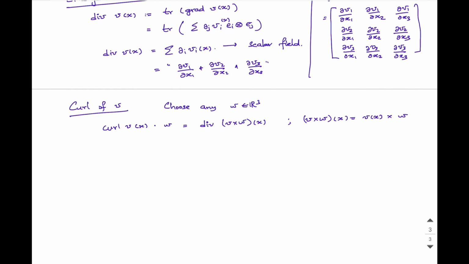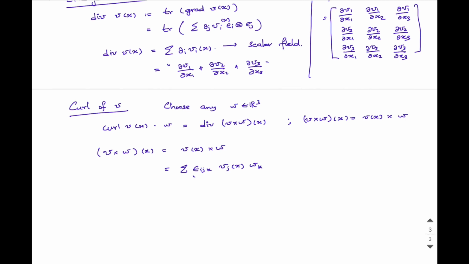And that's not difficult to work out. So remember that if I take V cross W at the point X, this is nothing but V of X cross W. So this can be written in terms of the alternating symbol as follows: epsilon ijk Vj of X Wk.